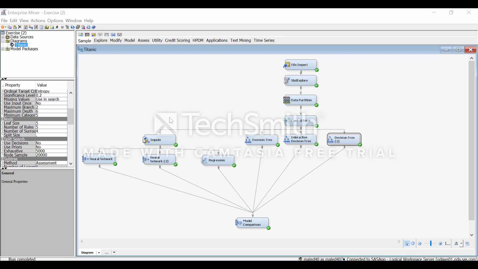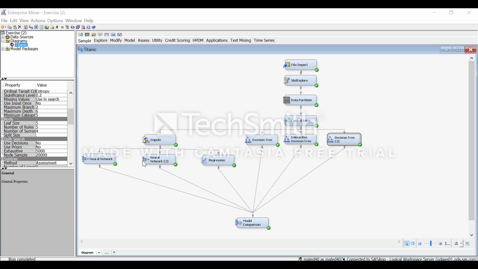Then I created impute here, and here comes my third concept. The reason why I am imputing my data here is because we have a large number of missing values, and neural network and regression both ignore any missing values in our table. If you think about it, if we have like 200 passengers and the models get rid of 177, then why would I need to build a model?